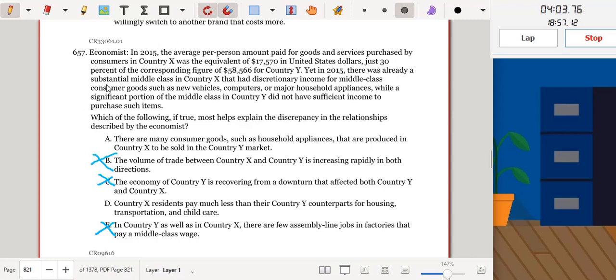What it said was that they had discretionary income for middle class. I am going with D.